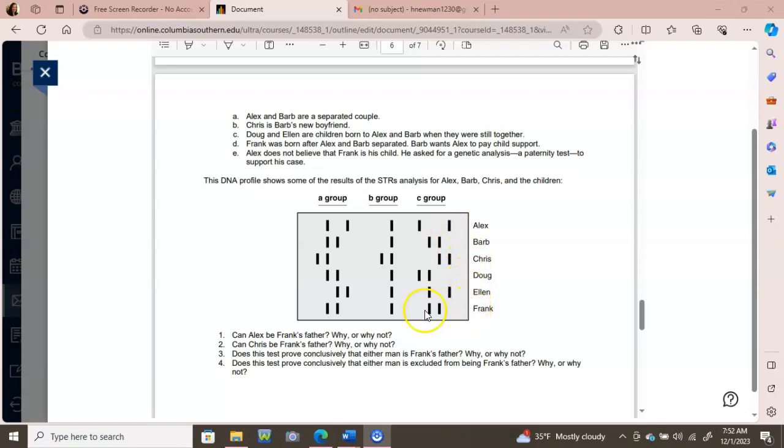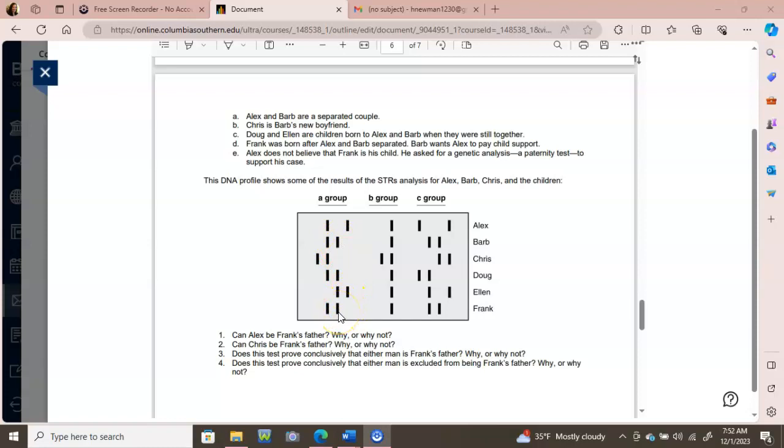When we look at Frank, Frank is a little bit different. When you look at the A group, it looks like he could have gotten this one from Alex, and this one from Barb. So that's a possibility that he is Alex's, just looking at this A group. But Chris could have given this one, and Barb could have given this.